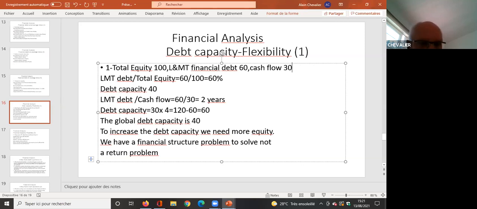They sell a few assets. But in that case, the answer is not to improve the financial structure, is not to make an equity issue, but it is to make cash by redefining what we call the core business.